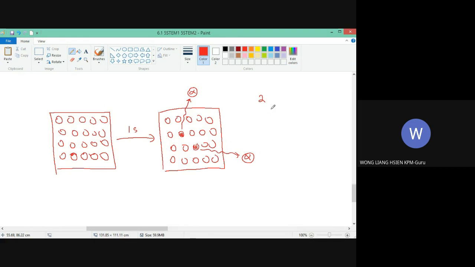If there's more, for example, in 1 second you can emit 5, 10, 1,000 radiations. The number of radiations that can be produced depends on how many unstable nuclei you have.